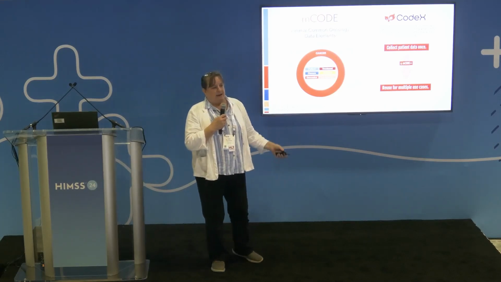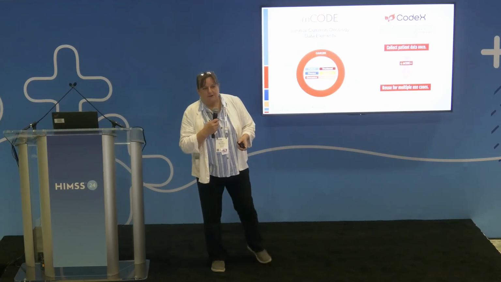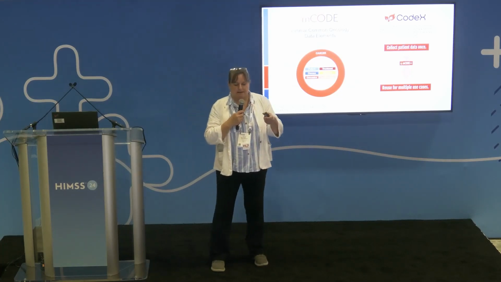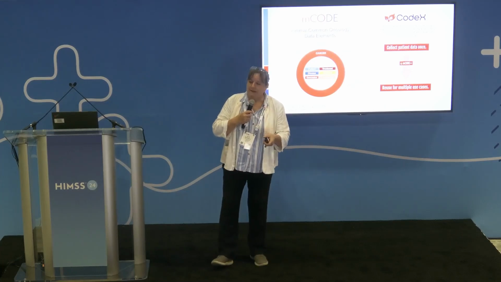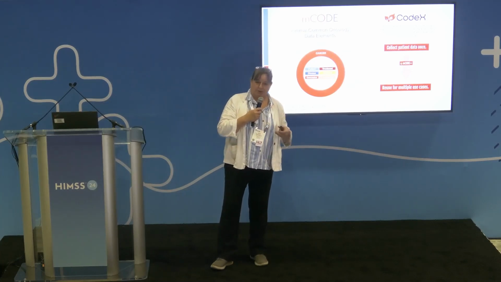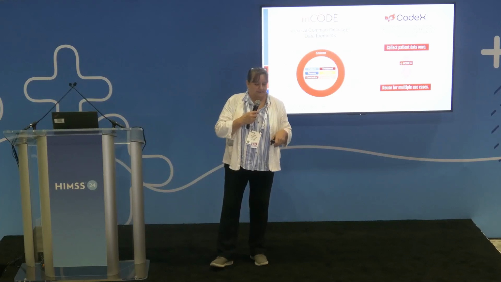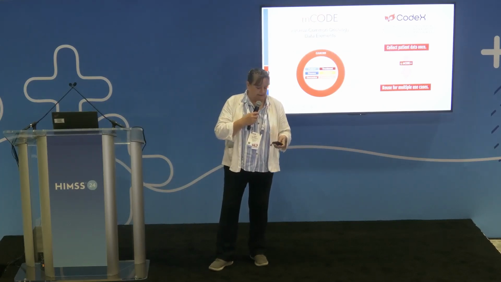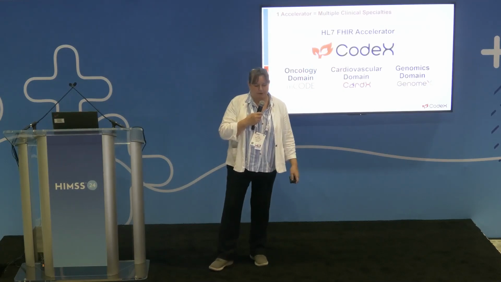This would be, for example, in the radiation therapy data elements, the genomics is part of this. We get genomic data as part of our data elements. And the cancer registry is another use case that's in the Da Vinci CodeX neighborhood.